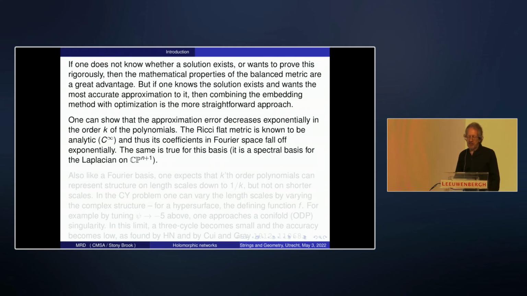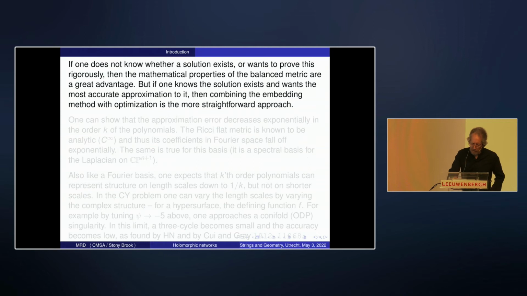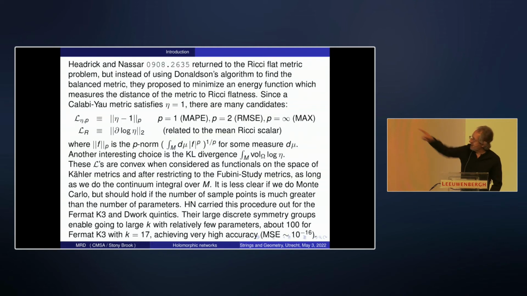Then you want to do something like the balanced metric, which is mathematically the nicest and means something even for the finite problem, the discretization of this thing, for metrics coming from restricting from a finite dimensional embedding.